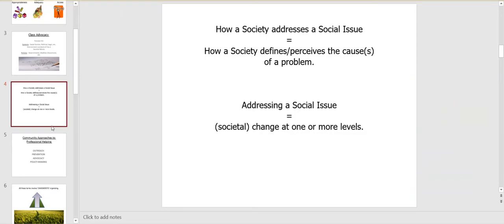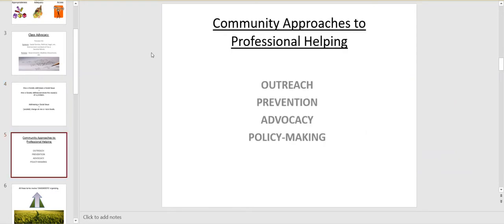So we're going to move on now and look at the four major avenues of class advocacy. Again, these endeavors take place with and on behalf of a community.